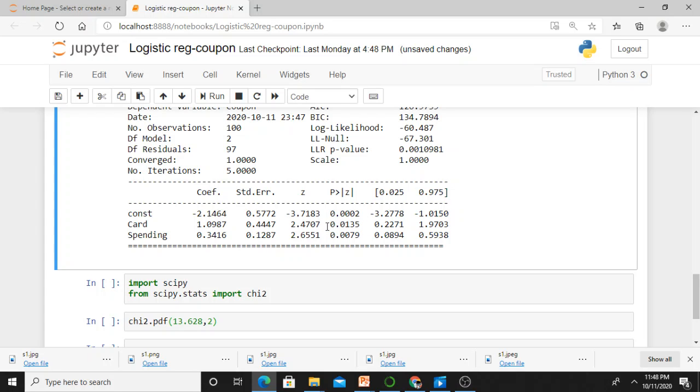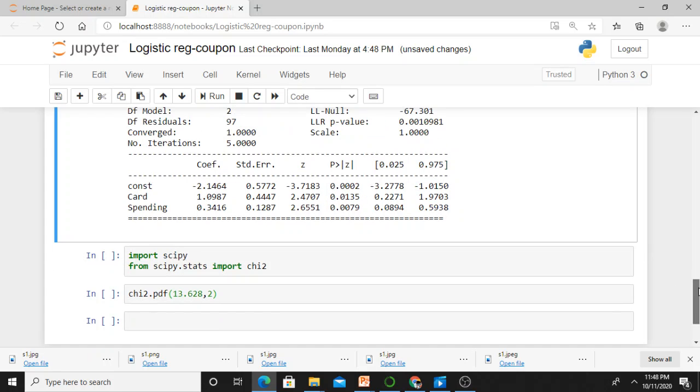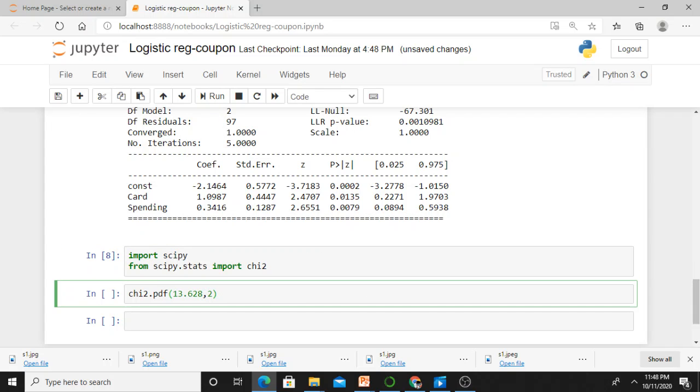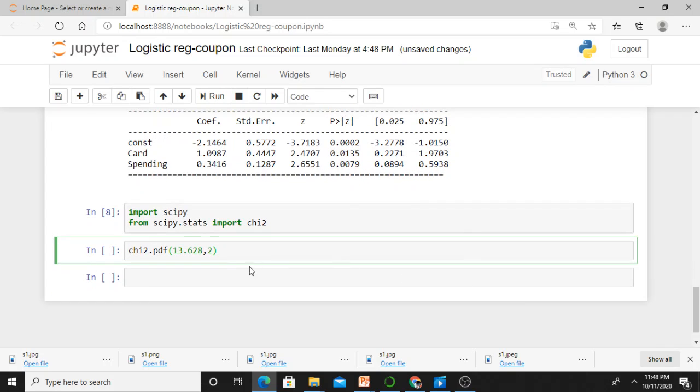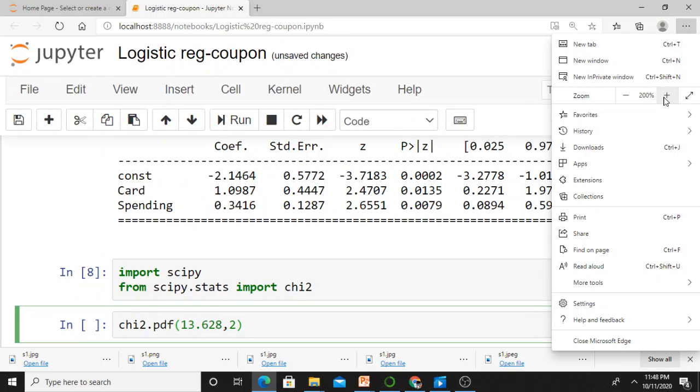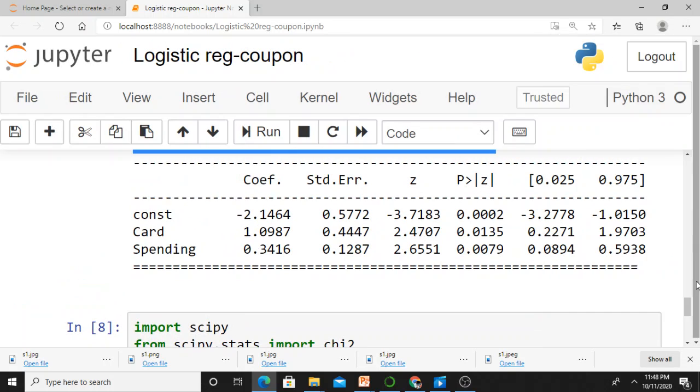In this lecture I discussed these probability values, 0.0135 and 0.0079. From these we can also calculate the chi-square value. How? One can calculate the chi-square value by using the G statistic and degrees of freedom, isn't it?